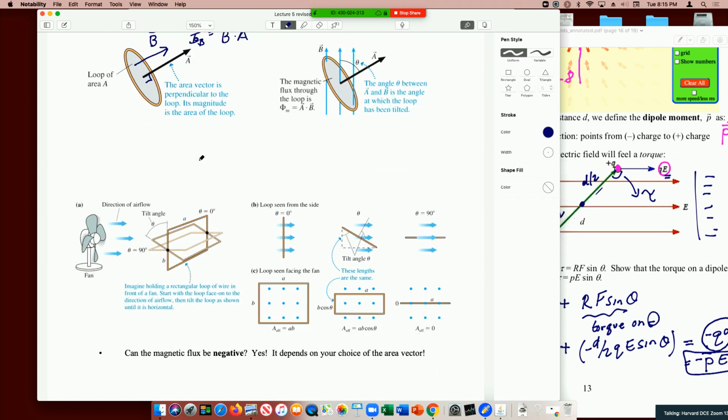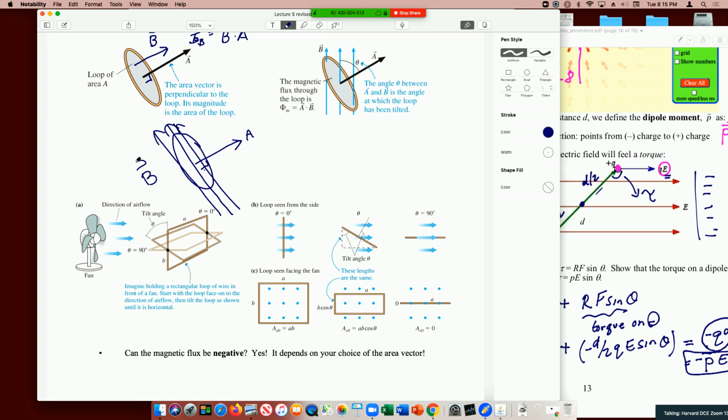This is showing that exact same thing, but in lots of different ways. So let me ask you this. If I had a loop like this, and I know the area vector is always perpendicular to it, so that's the area vector. And let's say now my field lines were going like this. This was my external magnetic field.